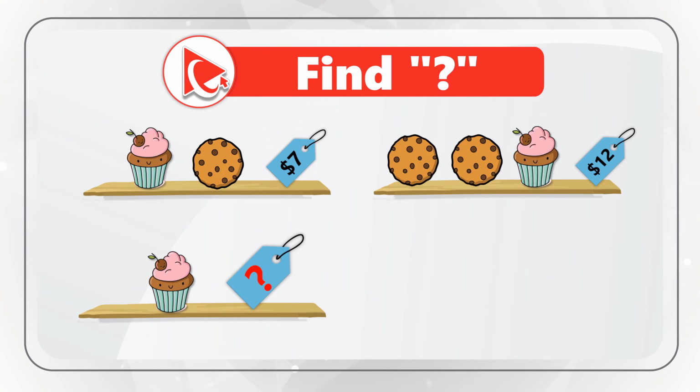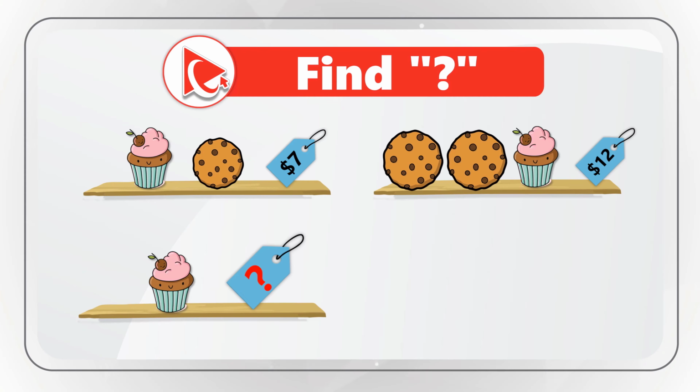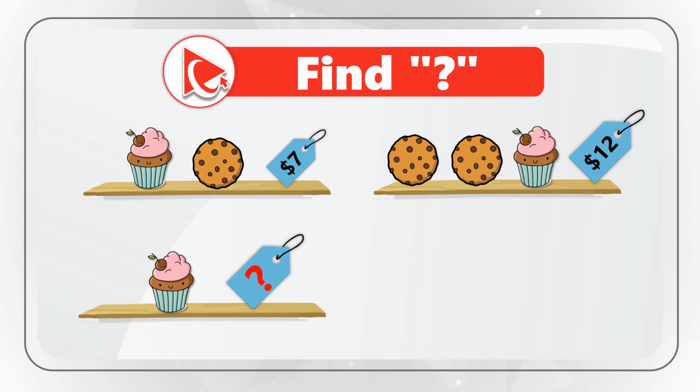The first set consists of 1 cookie and 1 cupcake, and the price tag for the first set is $7. The second set consists of 2 cookies and 1 cupcake, and the price tag for the second set is $12. The last set consists of only 1 cupcake, and you need to calculate and select price for the cupcake out of 4 possible choices.